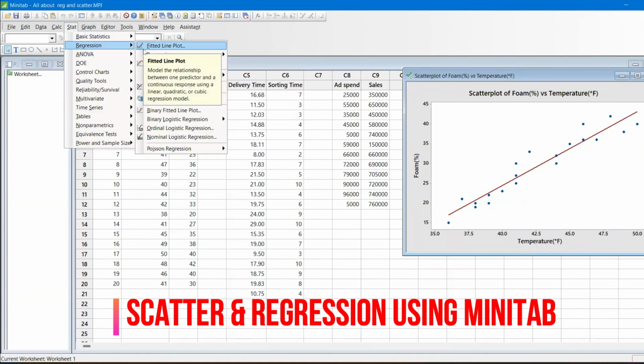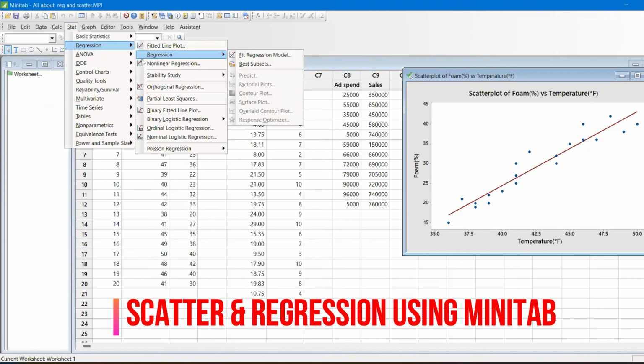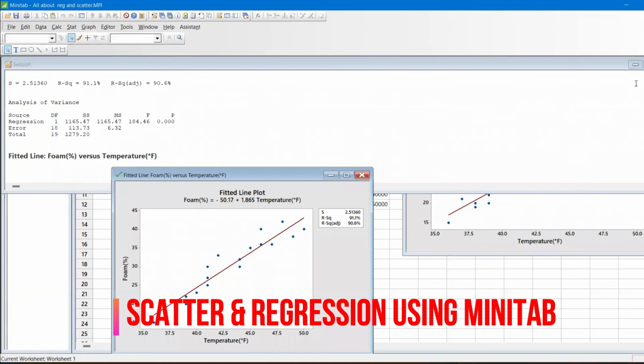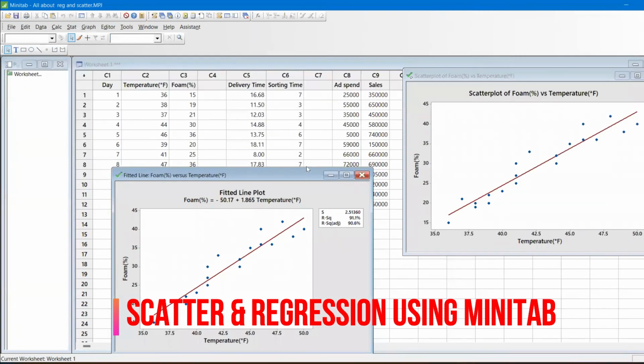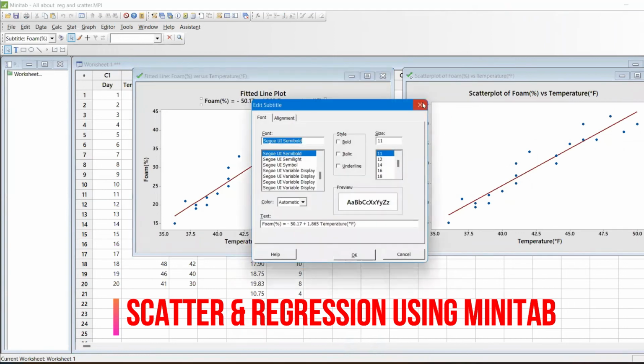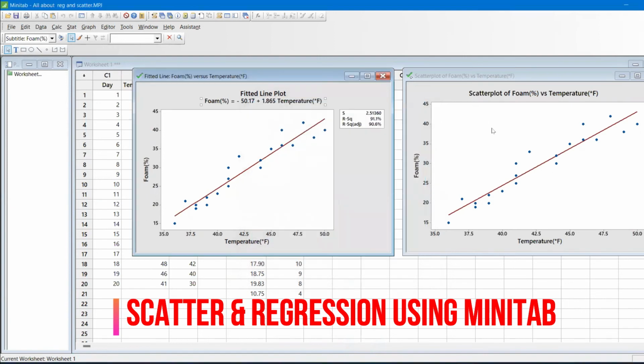In this one, I will press F3, and I will take foam percentage as the Y output, and the input is temperature. You can see here this gives additional information. What additional information? You get the slope line. Y, that is foam, equals C plus mx, m into temperature, right? You get it, and this is the scatter. So the regression we can use directly.